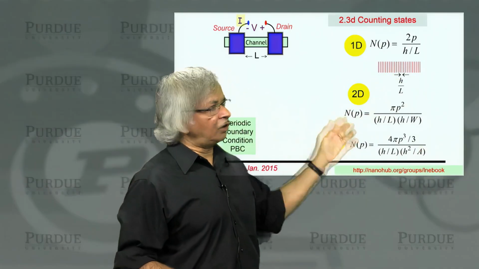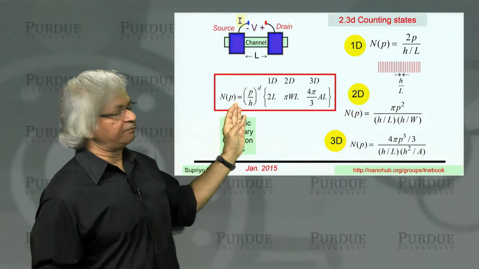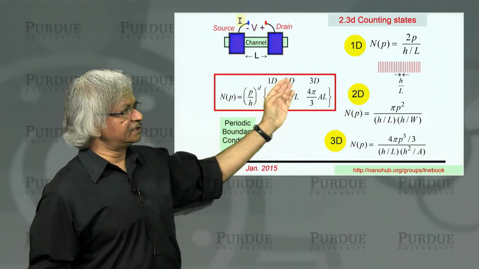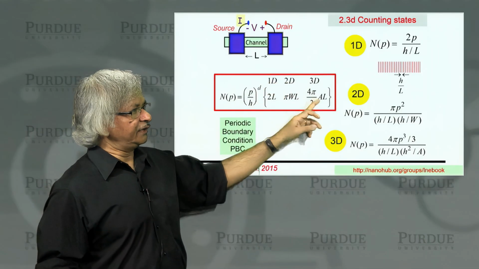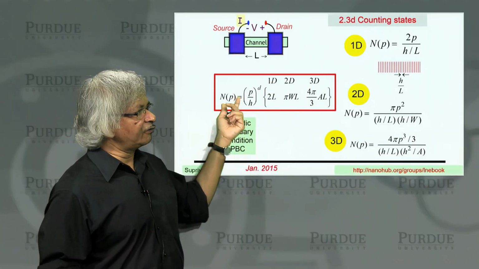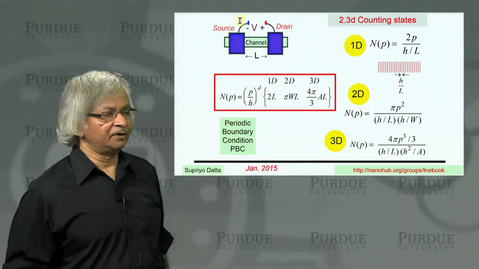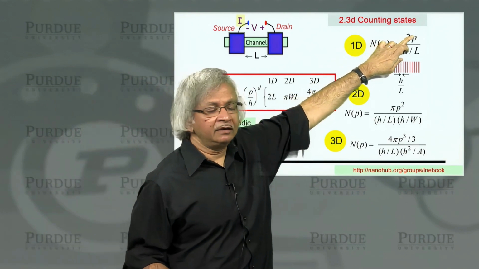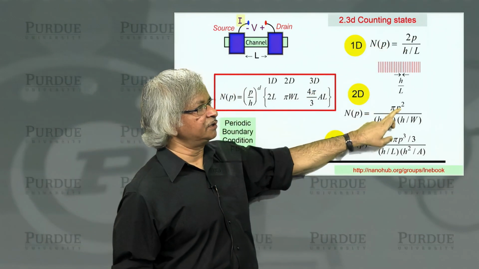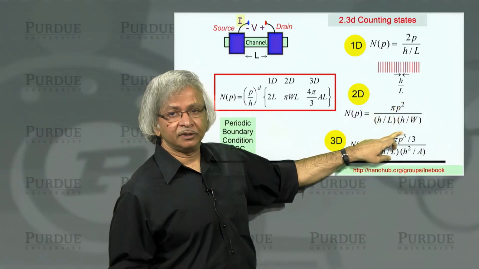So you could collect all this together and write a single expression for n of p in these 3 cases, 1D, 2D, and 3D. And n of p is proportional to p to the power of the number of dimensions. That is, in one dimension it is proportional to p to the power 1, in 2 dimensions it is p squared, in 3 dimensions it is p cubed, p to the power 3.